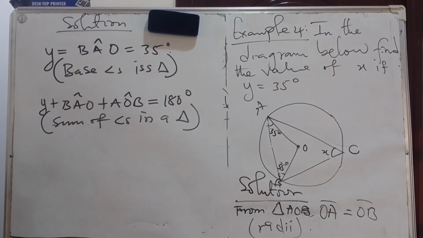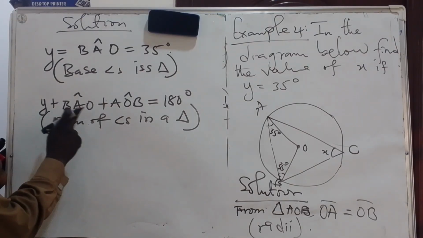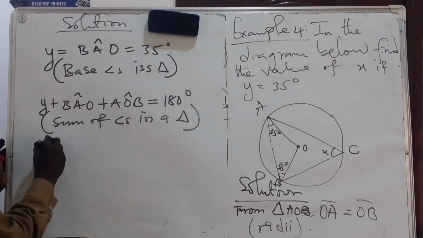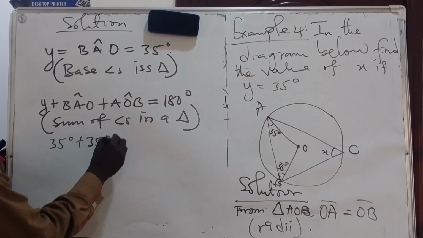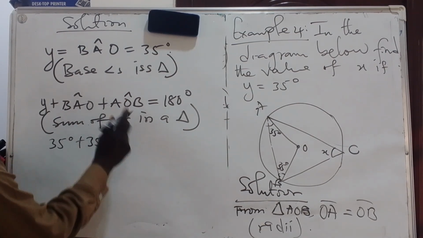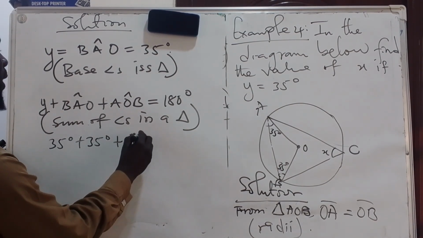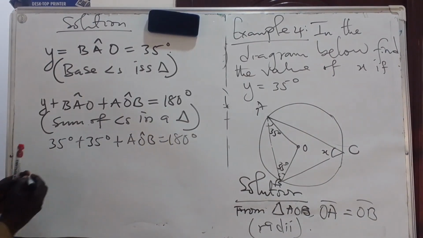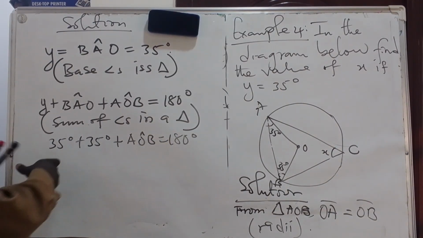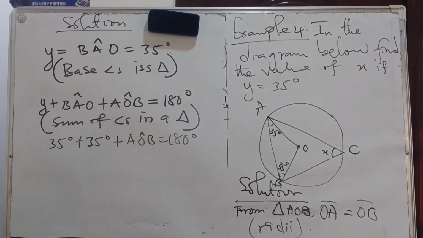So, what is angle y? This is 35, and we got this to also be 35. So we have 35 degrees plus 35 degrees plus this angle AOB is equal to 180 degrees. 35 plus 35 is 70 degrees.